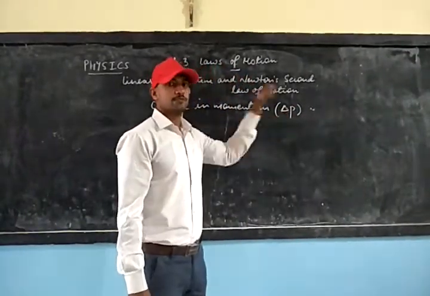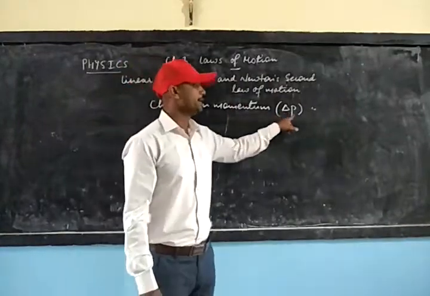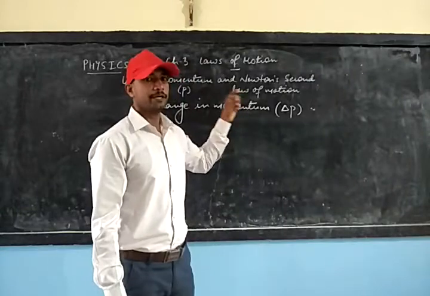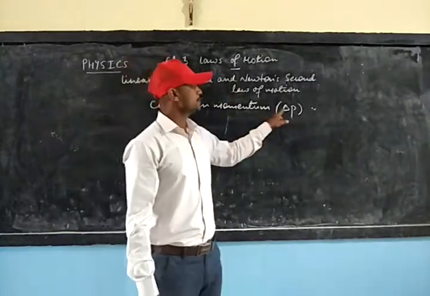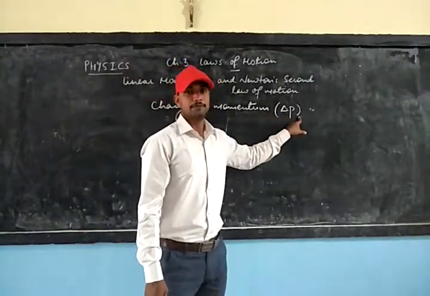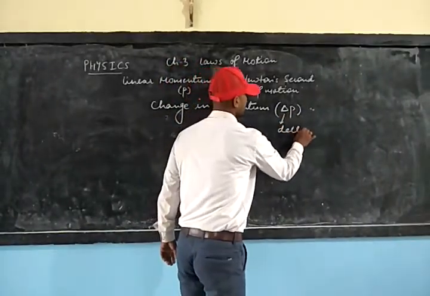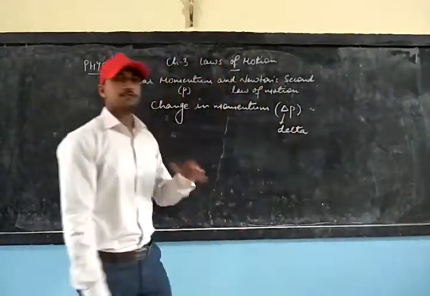Delta indicates small change and p is the momentum. So change in momentum can be written in short using the symbol delta p. This symbol is delta, which means small change.